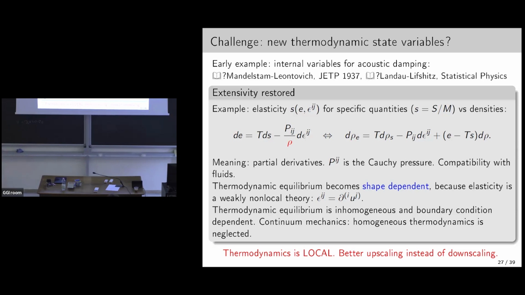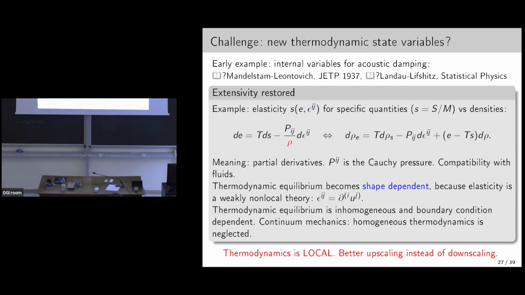For example, a famous example, when you introduce the thermodynamics of elasticity, this is the deformation. A deformation is a gradient of the deformation vector, the deformation tensor. And if you don't introduce rho here, I mean dividing, the pressure is simply the Cauchy pressure, then simply you don't get good formulas. So these are, by the way, specific quantities here.